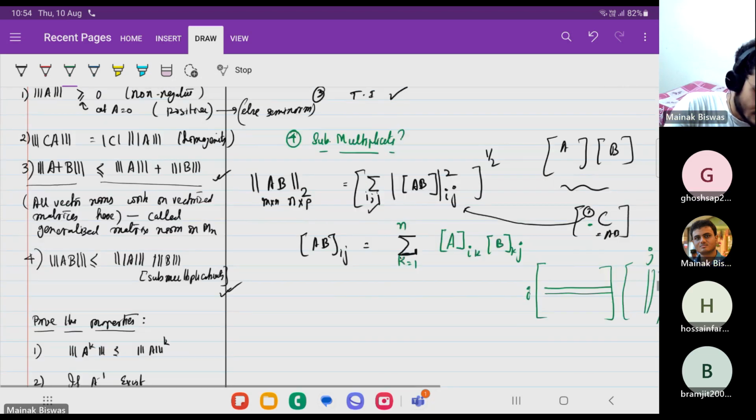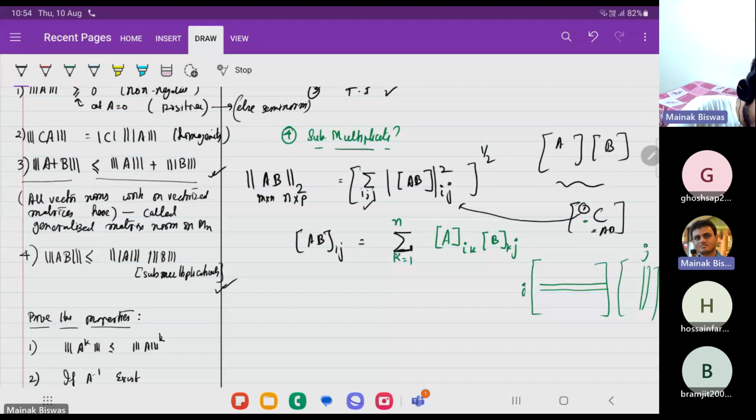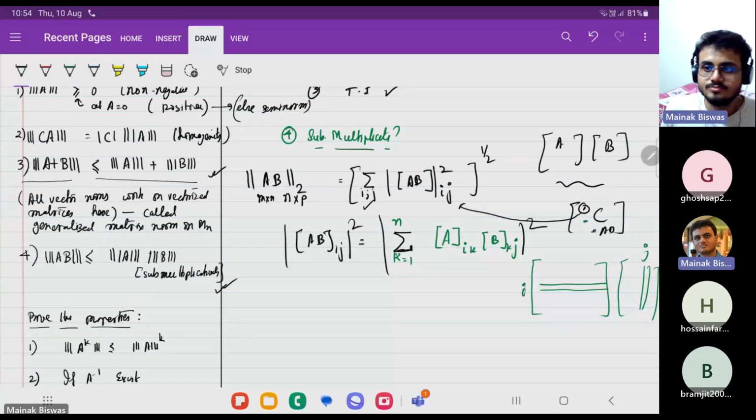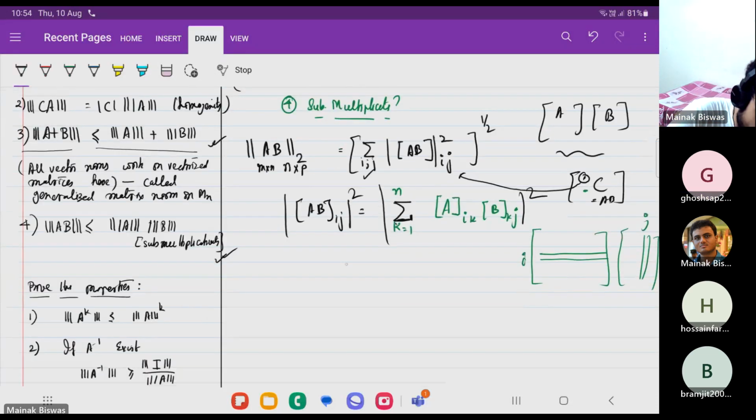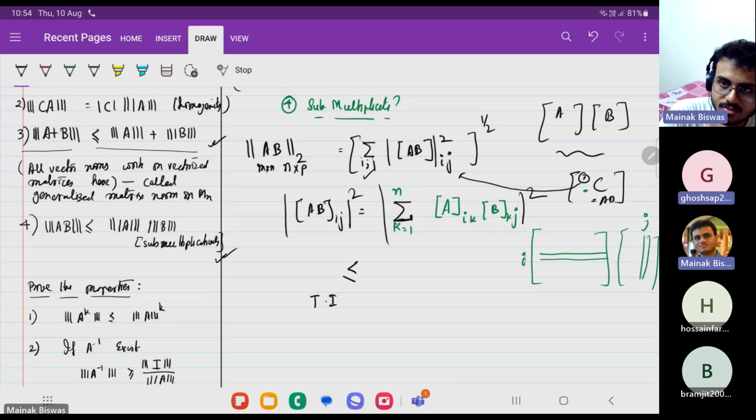So now what will be the square of this? Square? Yes or no? Yes. Now triangle inequality I can use again. A plus b whole square, triangle inequality is less than equal to a square plus b square. So you will be left with what?